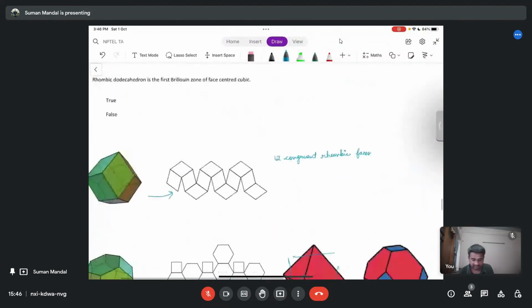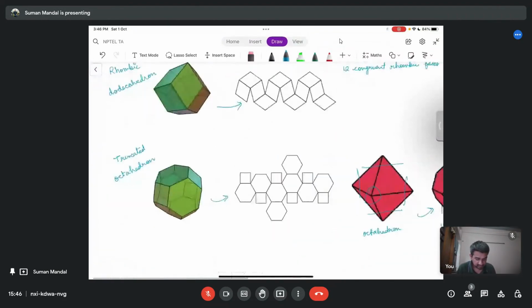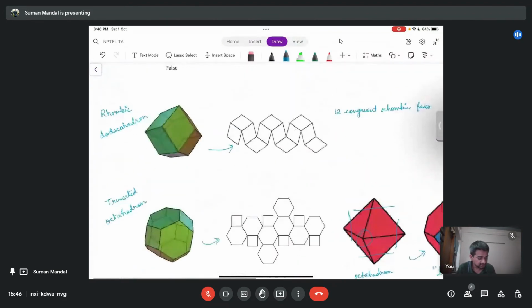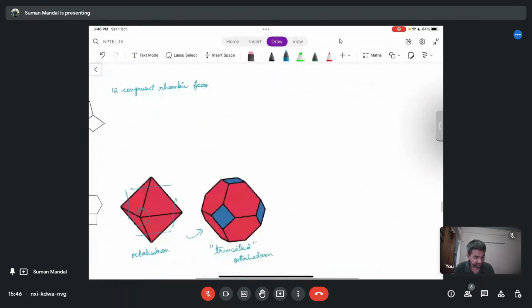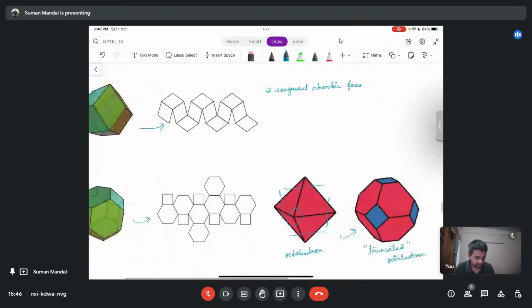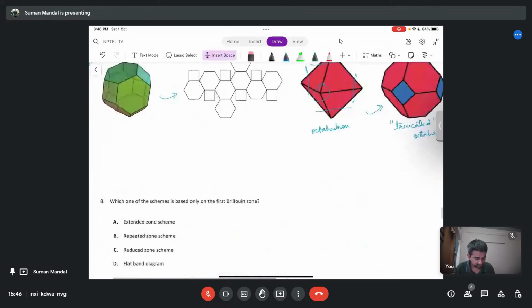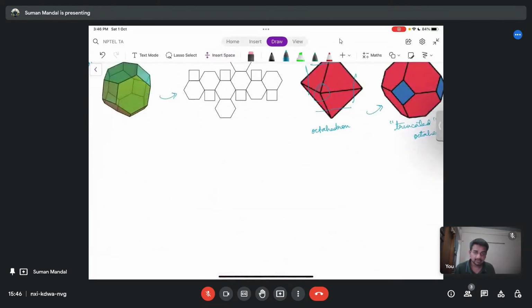So this rhombic dodecahedron, I'll write it down in the bottom. Now let's consider two crystal structures.